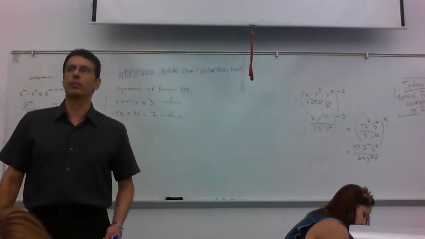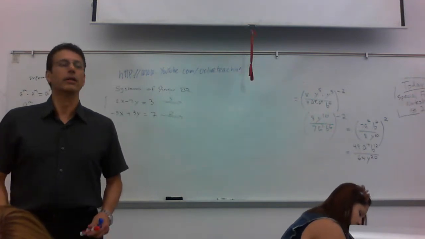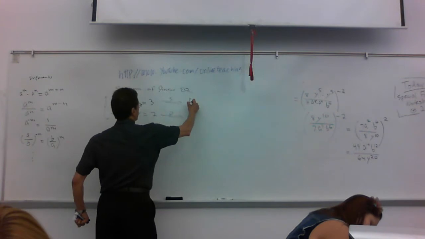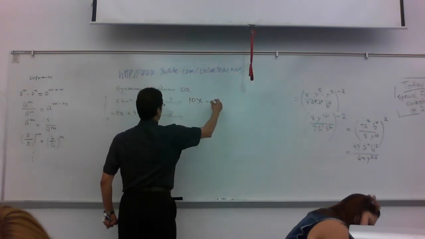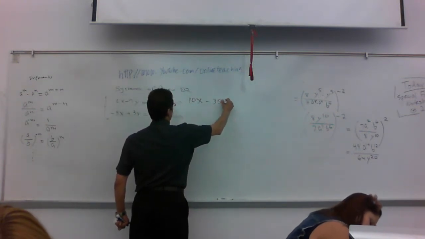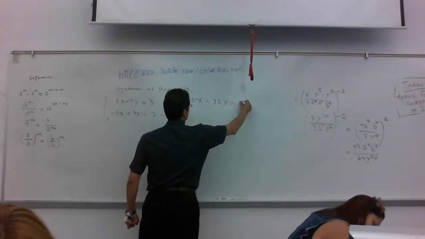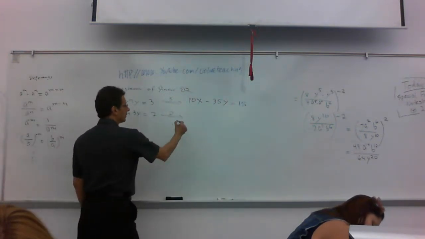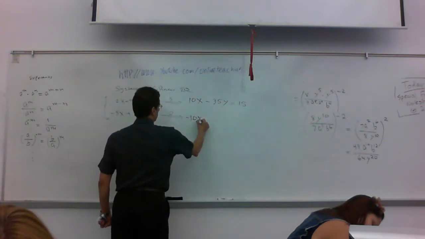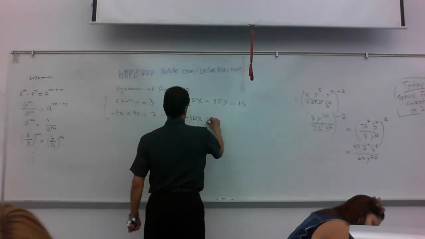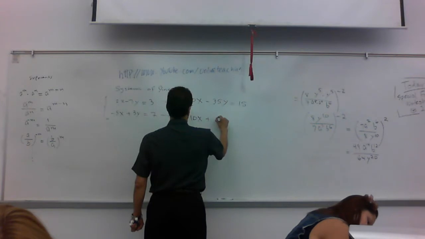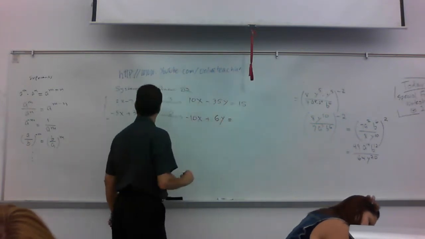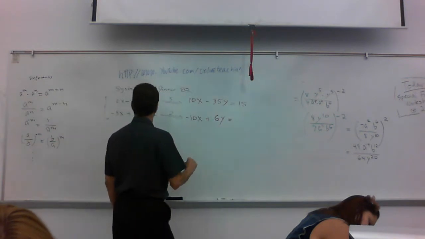Therefore, which variable are we getting rid of? The x variable. So give me the first one, everybody. 10x minus 35y equals what? 15. So that's the first one. The second one, negative 10x plus 15y equals 30.